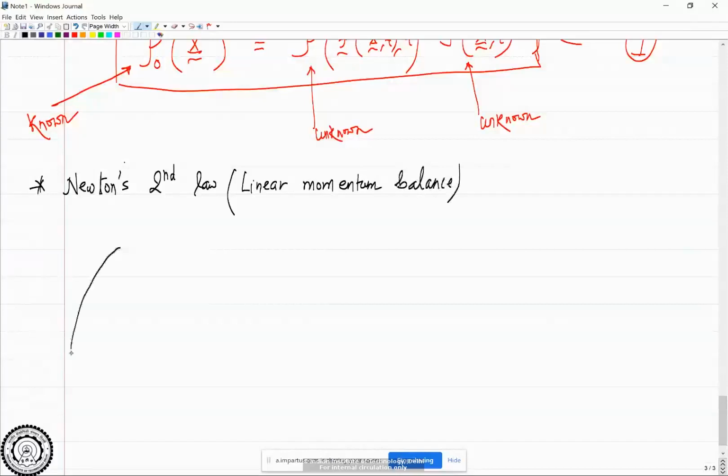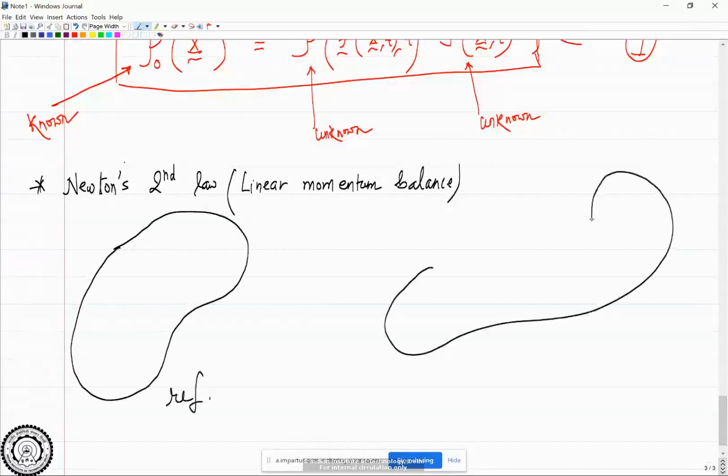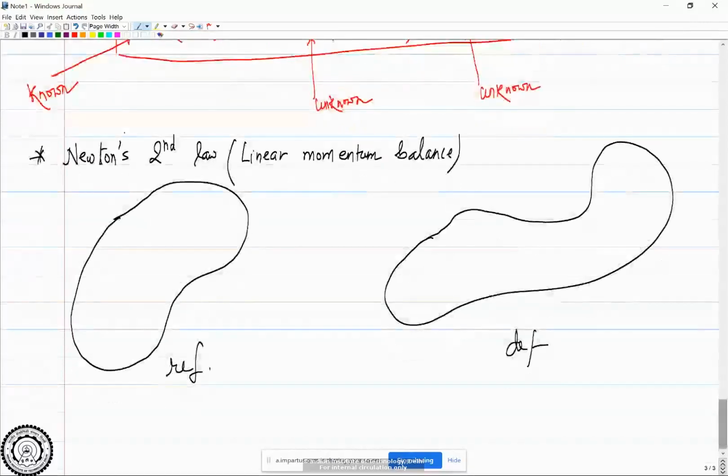Okay, so you have now the reference configuration and the deformed configuration. All right, so now the thing is, this Newton's second law you can apply not just to the entire body but also to an arbitrary small part of the body.